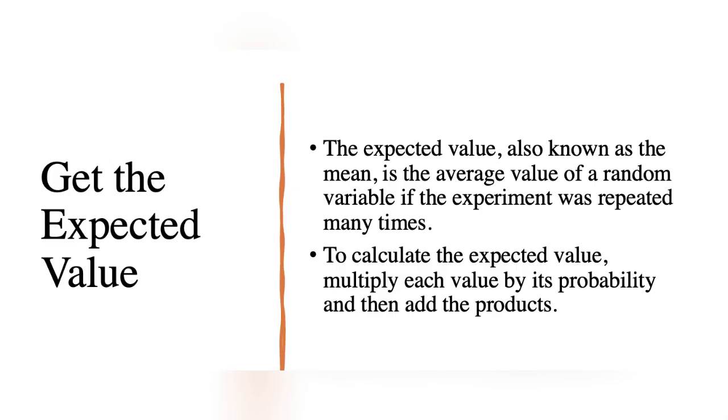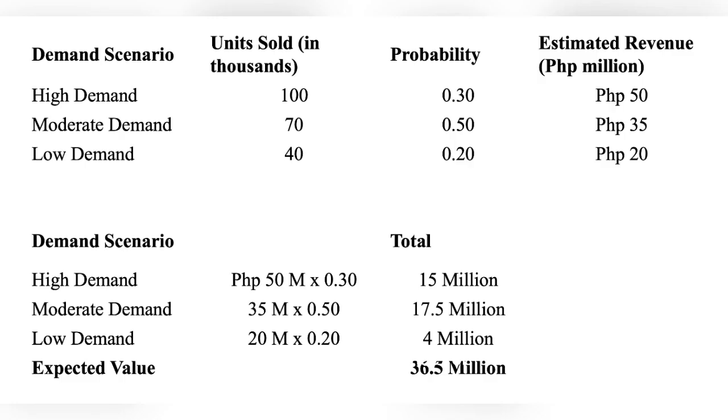The expected value, also known as the mean, is the average value of a random variable if the experiment was repeated many times. To calculate the expected value, multiply each value by its probability and then add the products. The expected revenue for Technova's first year in Southeast Asia can be estimated using probability distribution.